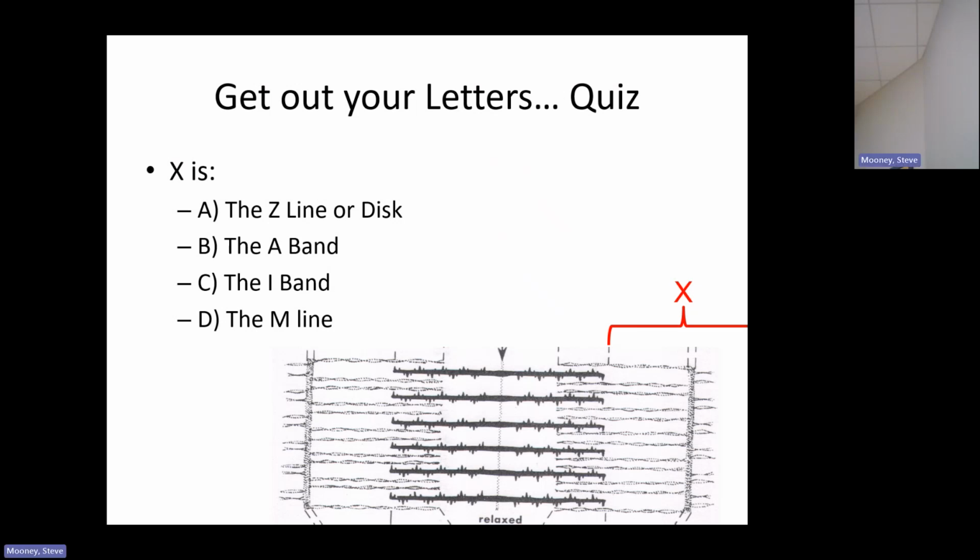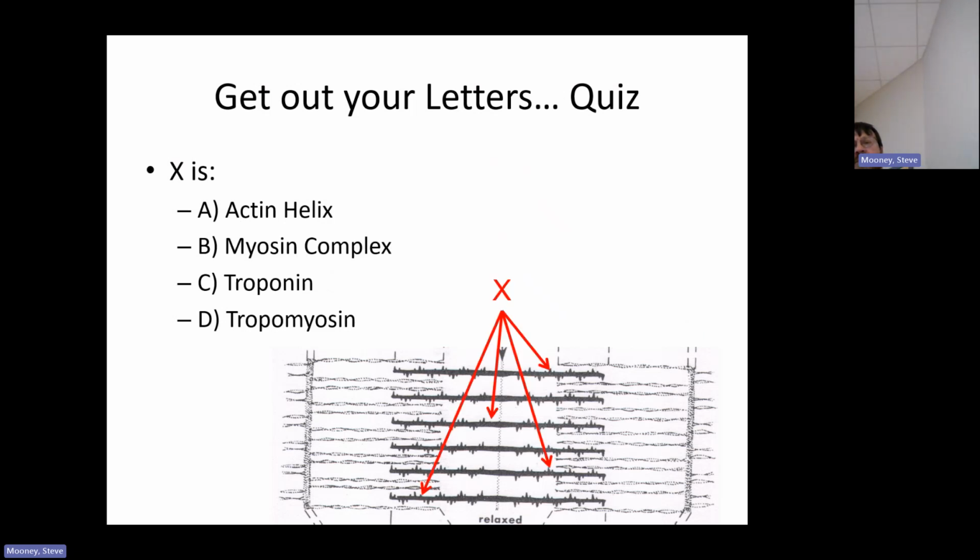Here to the next thick filament is the I band. Last one is the what? Found outside our ends, that's the Z. So if we go M in the middle, M is the middle of the alphabet, Z is at the end. So the Z disc or Z line, depending on what your frame of reference is.